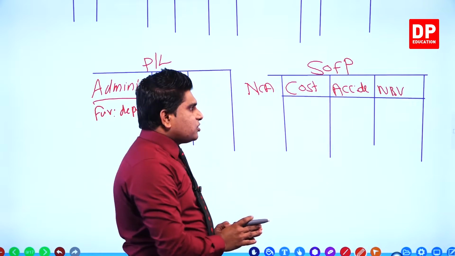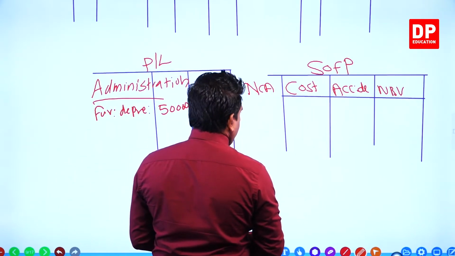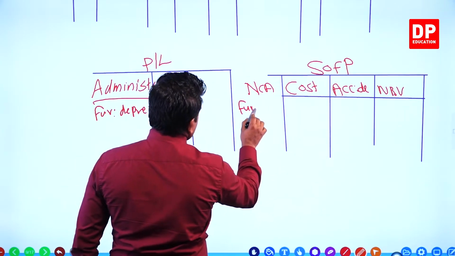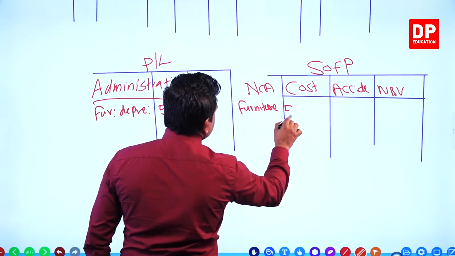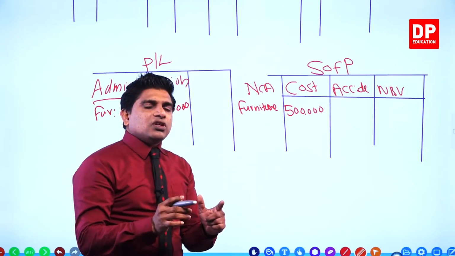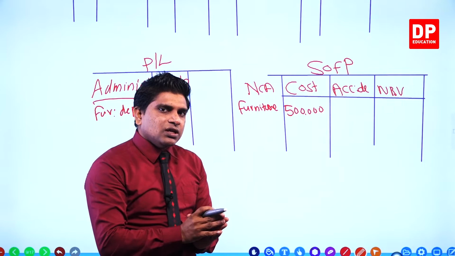Then you see how to record this detail in the statement of financial position. Then furniture. Actually, how much is the cost? Cost is 500,000. How much is the accumulated depreciation after recording this year's depreciation?